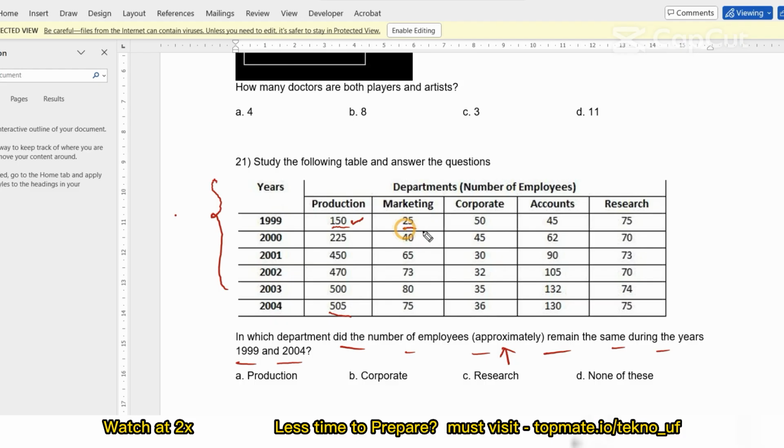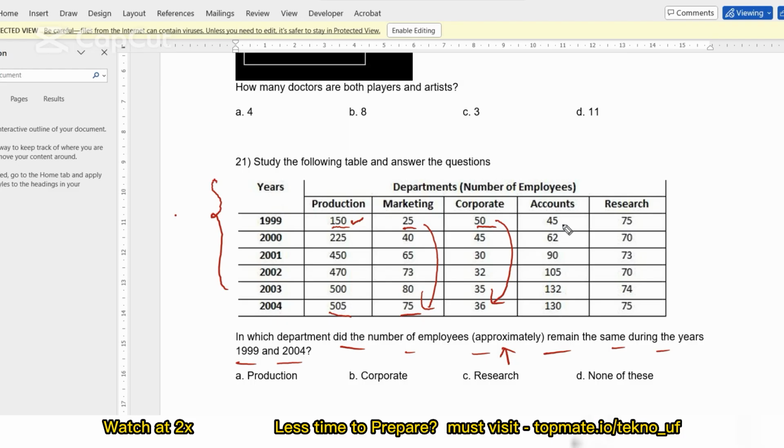In case of the marketing department, it was 25. It has increased to 3 times, you can see, in 2004. In corporate, you can see 50 to 36. It has decreased to almost 50%.